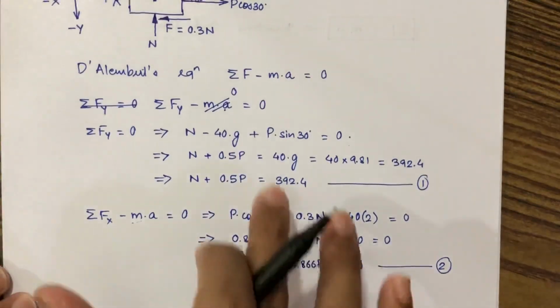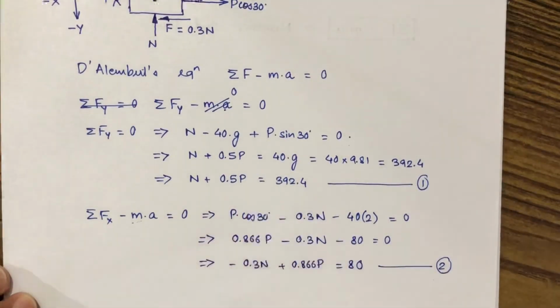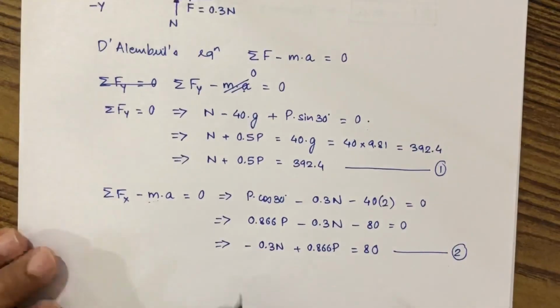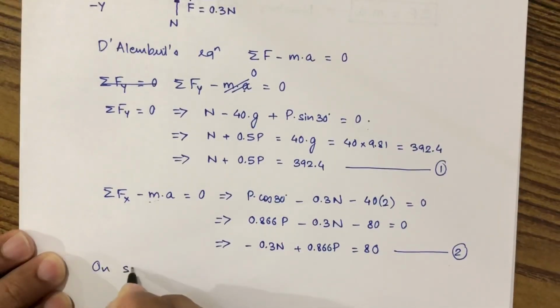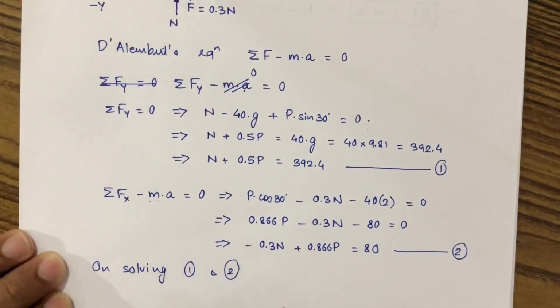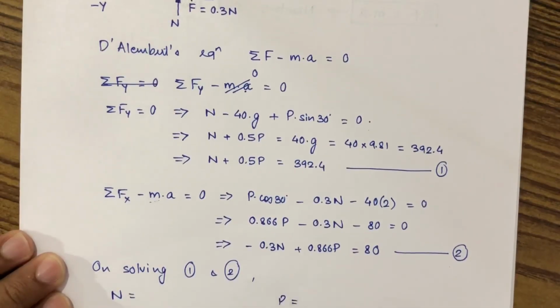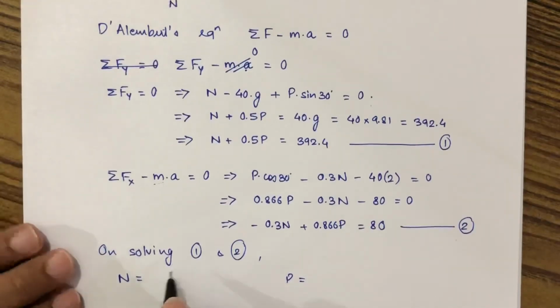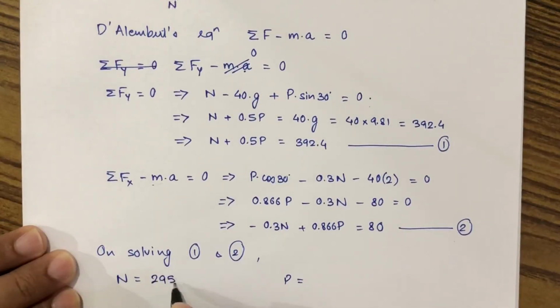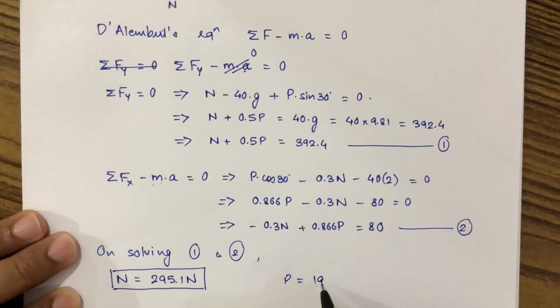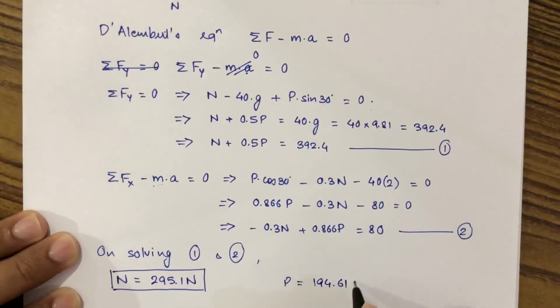So we have got two simultaneous equations. Can we not solve this in the calculator? On solving equations 1 and 2, we get the value of N and P. The value of N comes out to 295.1 Newton, and the value of P comes out to 194.61 Newton.